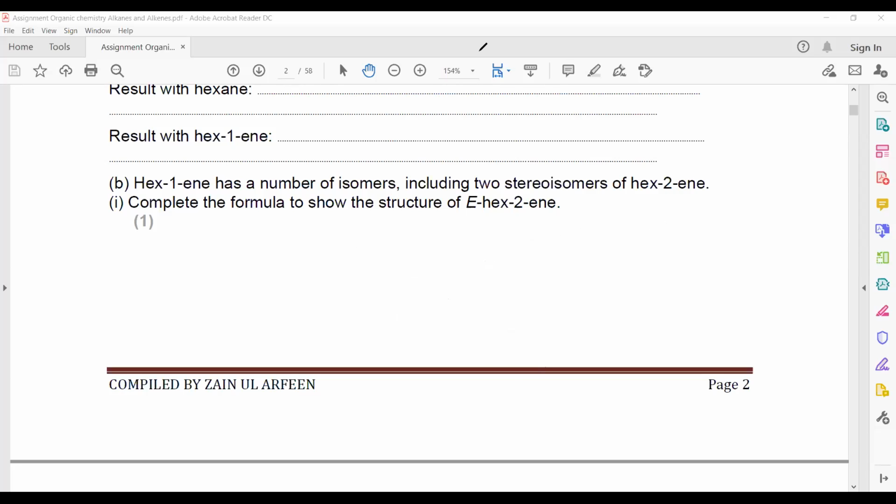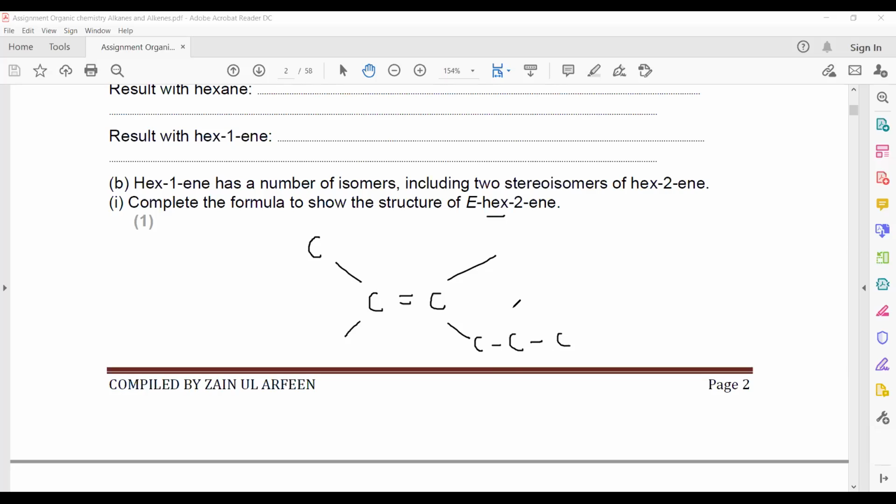You can also draw in this manner, like the 2 carbons which are having a double bond. Because I need hex, 6 carbon atoms, but the double bond should be with the second carbon. So 1, this is the second carbon, third, and fourth, fifth, and sixth carbons are here.